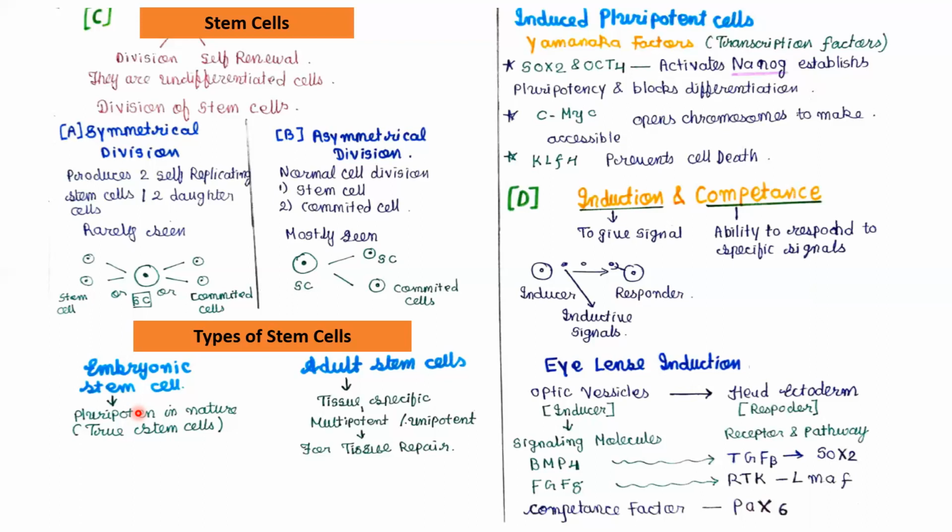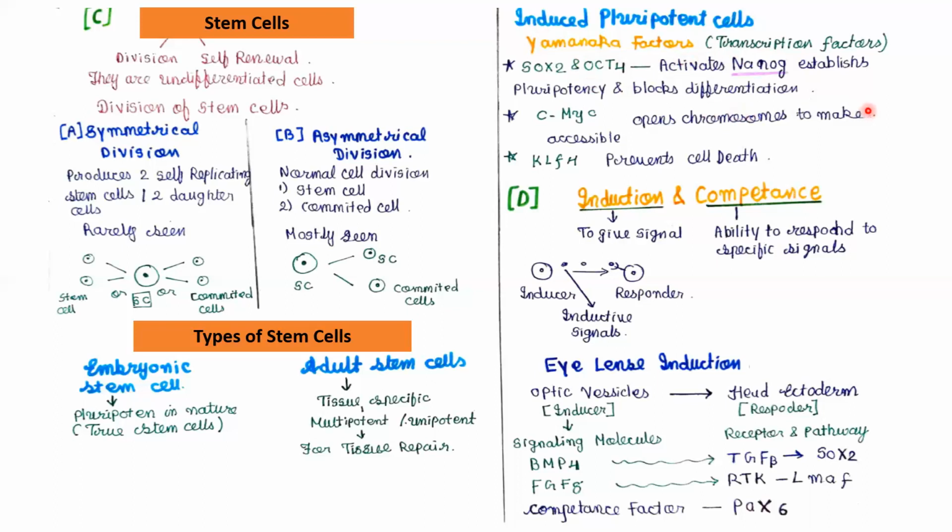Now, there is very wide stem cell research going on at large scale. Induced pluripotent stem cells were discovered, and they are made using Yamanaka factors. So what are these Yamanaka factors?